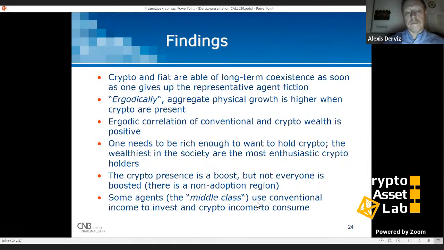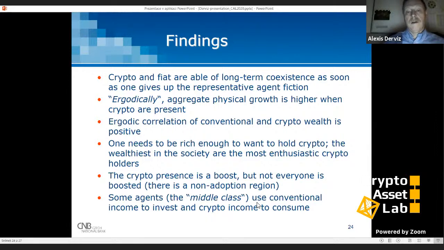Another trade-off to analyze in this quantitative context is whether people who have the opportunity to protect their wealth by escaping into the crypto universe have a detrimental aggregate effect on physical investment and on aggregate welfare.